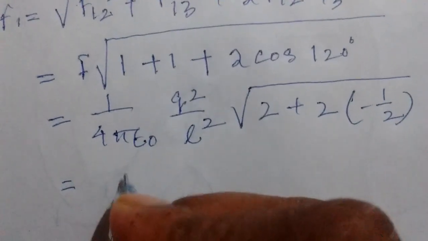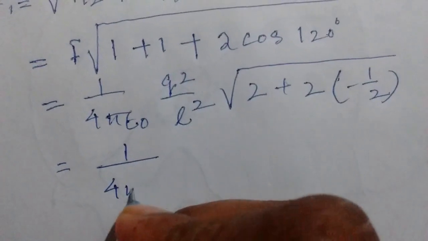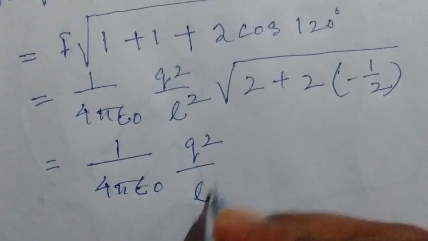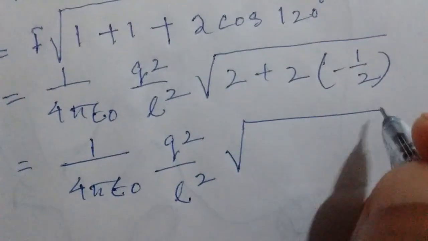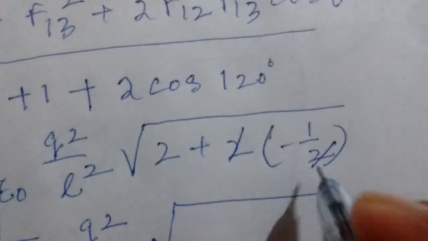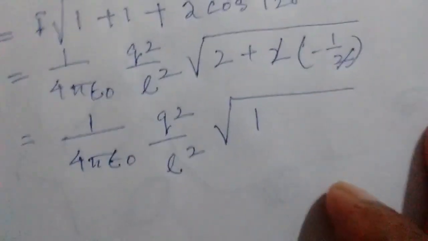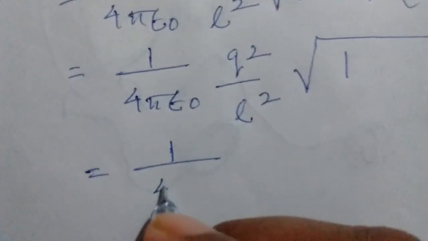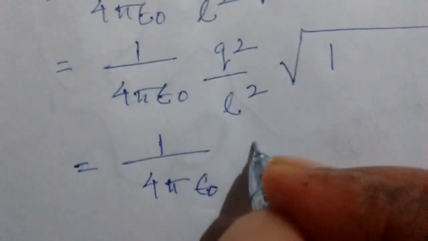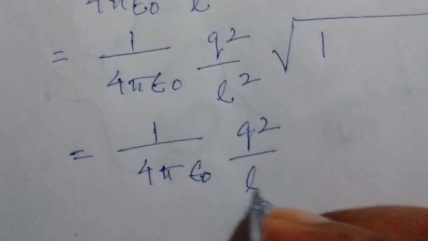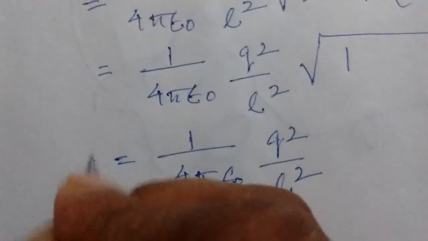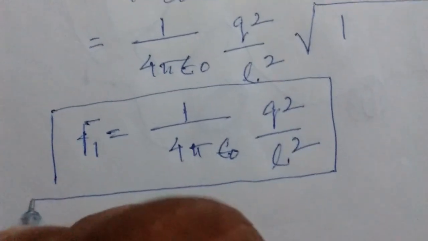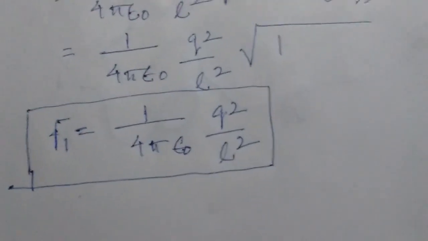This is equal to 1 by 4 pi epsilon naught q square by L square, root over of, the 2 gets cancelled, so 2 minus 1 is 1. So now the resultant force is 1 by 4 pi epsilon naught q square by L square. This is the magnitude of the force on charge 1.